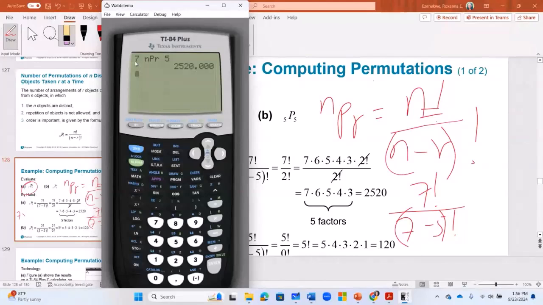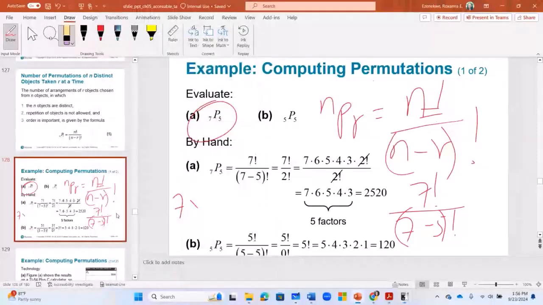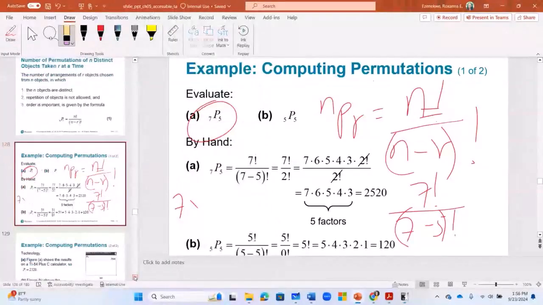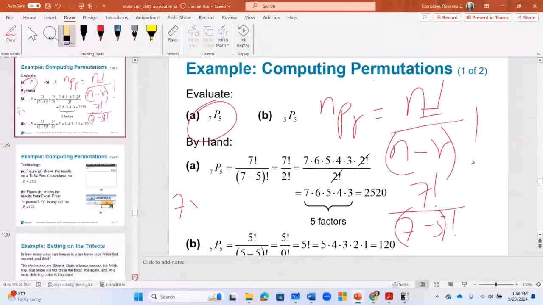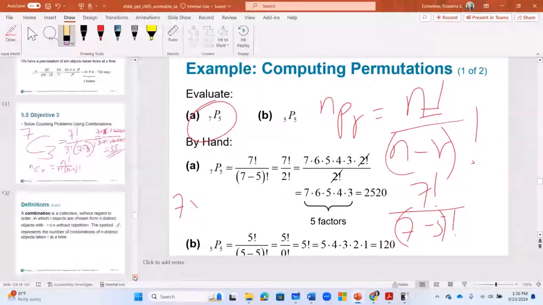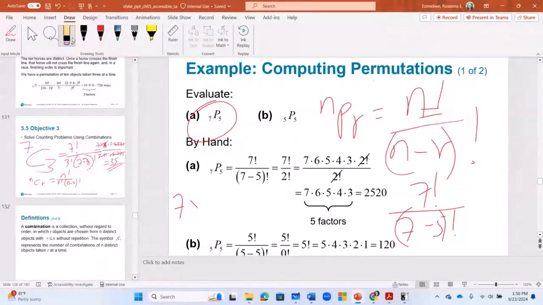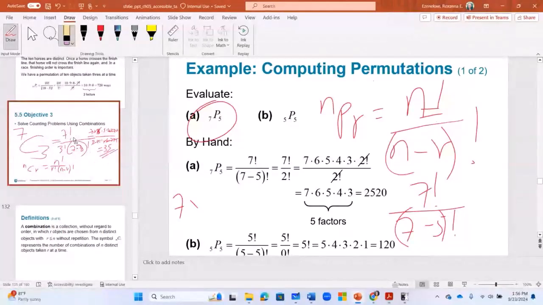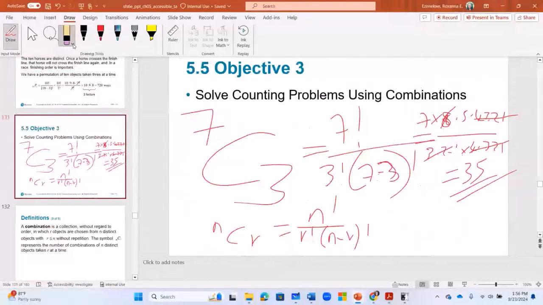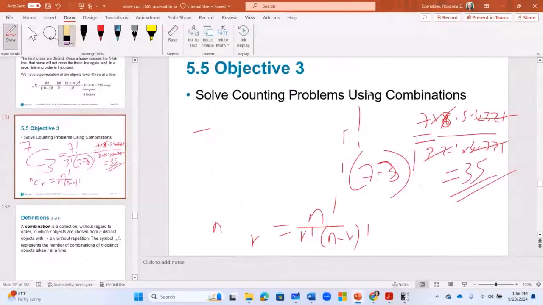Last thing we're going to do, we have 2 minutes to go. Suppose you are given a word.